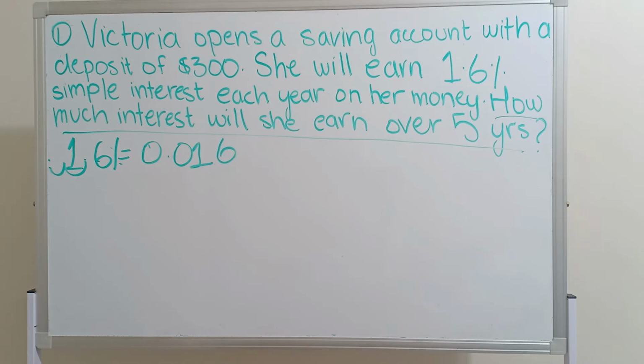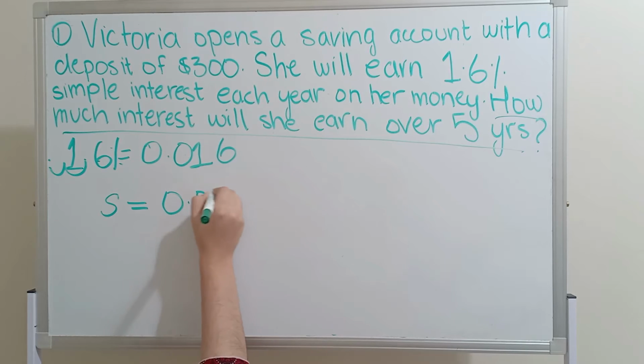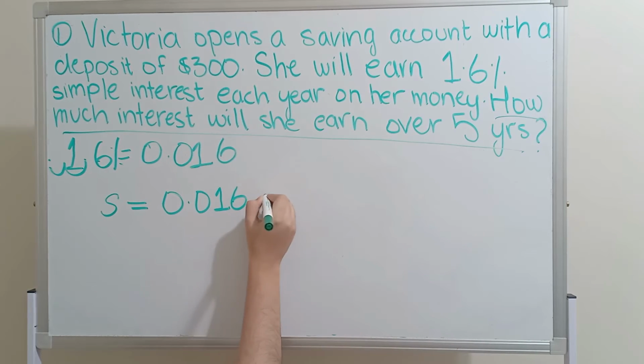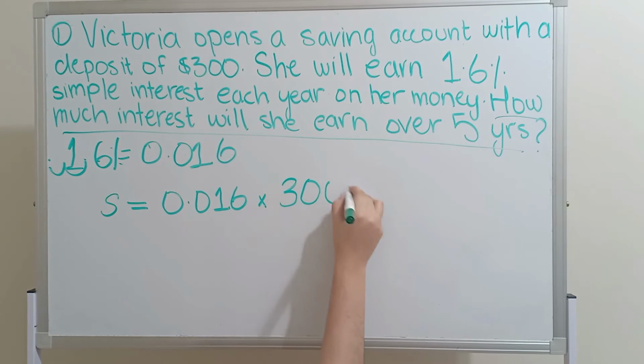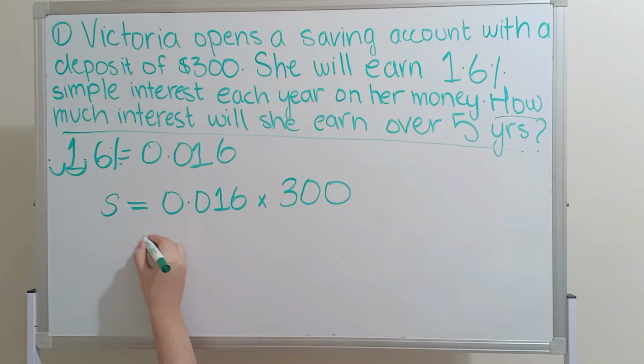And as we did in the formula just now, the interest amount, which is the variable S, equals the interest rate, which is 0.016, times the principal, and the principal, the initial value, is $300. So we're going to multiply it by 300. And if we multiply 0.016 by 300, we will get S as 4.80.